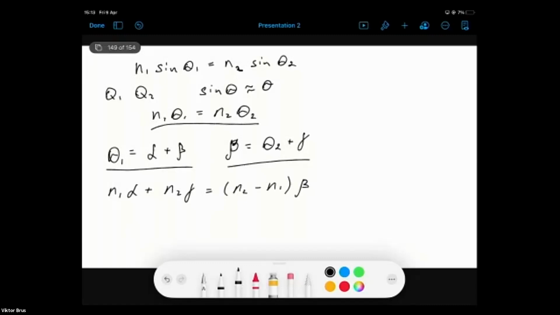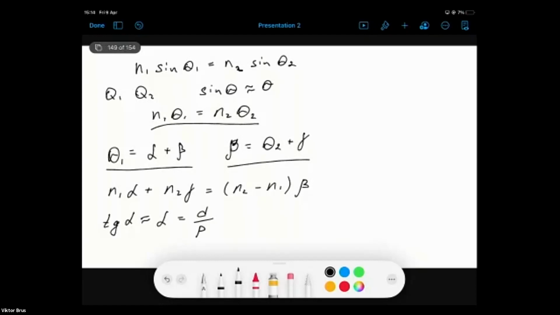So now we can assume that since theta 1 and theta 2 are also small, then the angles alpha, gamma, and beta should also be quite small. So we can write that tangent alpha is in first approximation equal to alpha, and that is equal to d divided by p.